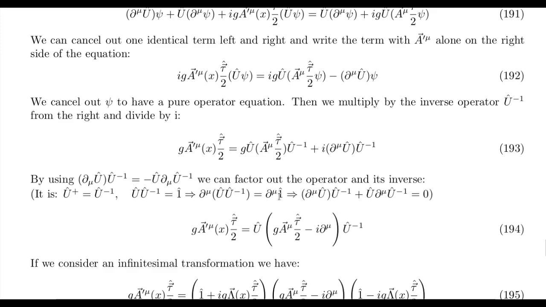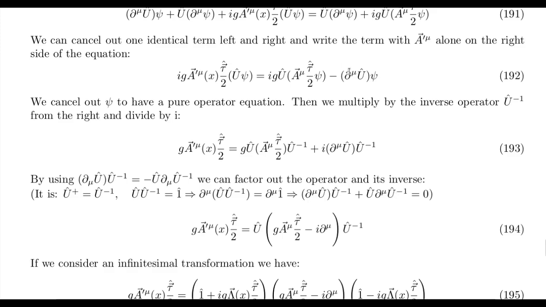The differentiation of the unit matrix is vanishing because that's a constant. And then, because of the product rule of differentiation, we have the two terms here: the derivative applied to u plus the derivative applied to the inverse operator.